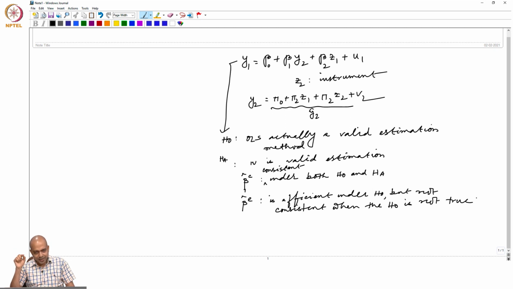And beta hat E, which is the efficient estimator, is fully efficient under H naught, that is, when we apply OLS and there is no endogeneity, but it is not consistent when H naught is not true, that means when there is endogeneity.